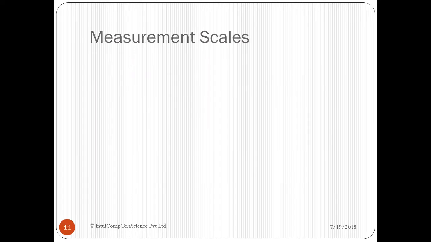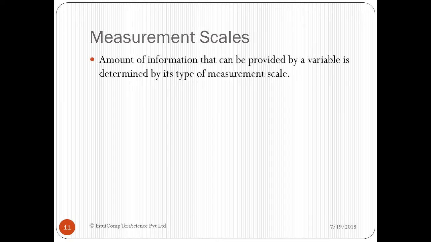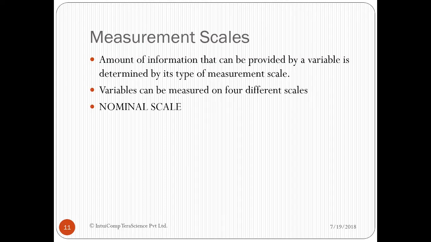Now let's come to what are the measurement scales. The amount of information that can be provided by a variable is determined by its type of measurement scale. Variables can be measured on 4 different scales. First one is the nominal scale. Data are measured at the nominal level when each case is classified into one of a number of discrete categories.